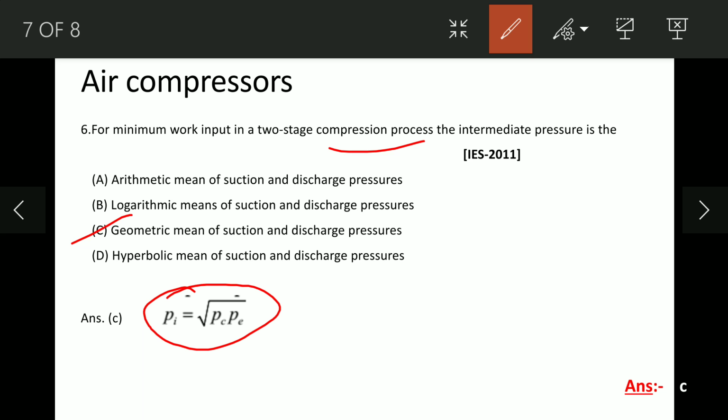Now for the minimum work input in a two-stage compression process, what is the intermediate pressure? So intermediate pressure in a two-stage compression is geometric mean of suction and discharge pressure. So option C is correct.